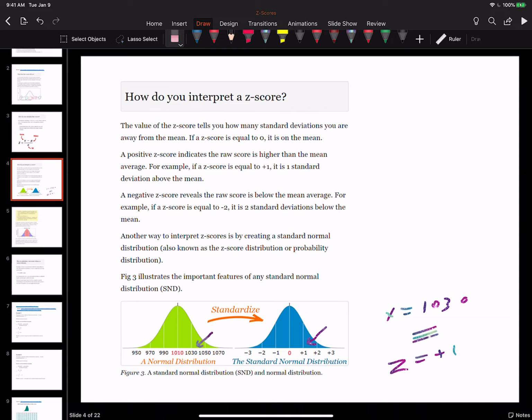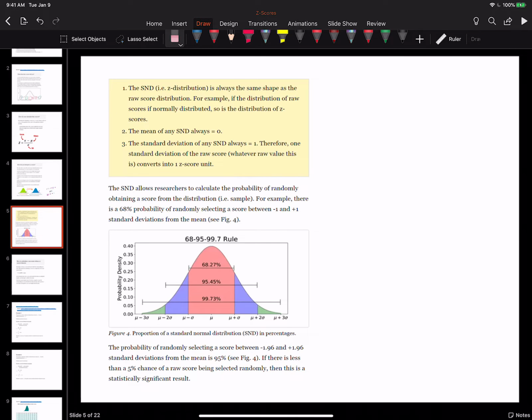Now, things that you need to know about the standardized normal distribution. They always have the same shape. As you could see, the mean of any standardized normal distribution is always 0.